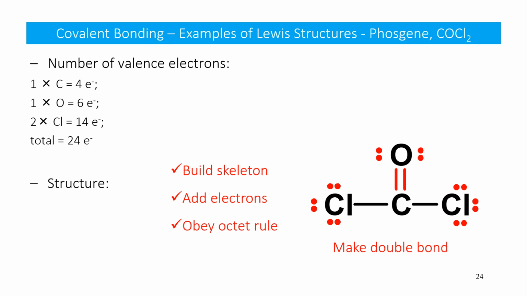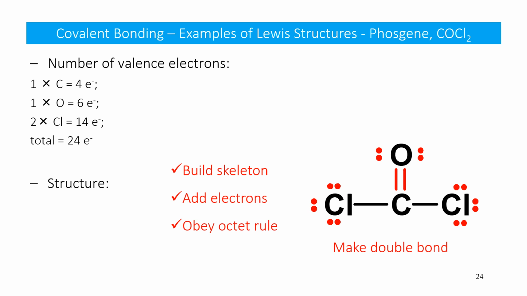So one of the lone pairs on the oxygen became a shared pair. And now we've satisfied that structure. We could not have shared anything between the carbon and the chlorine, because chlorine, being a halogen, is satisfied being monovalent in its neutral state.